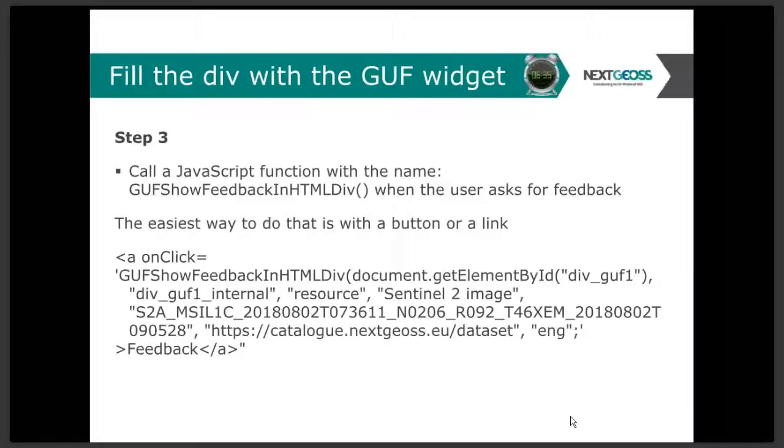executed. And this function has some parameters, and this is a little bit complex, but one of the parameters is this scary long sequence of numbers and characters that is the identifier of the resource. And also you see the reference to the catalog, so the catalog URL that acts as a code space. The rest of the parameters are relatively simpler to understand.